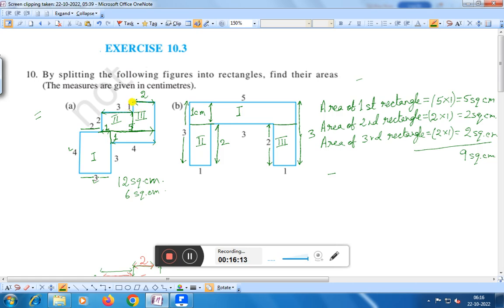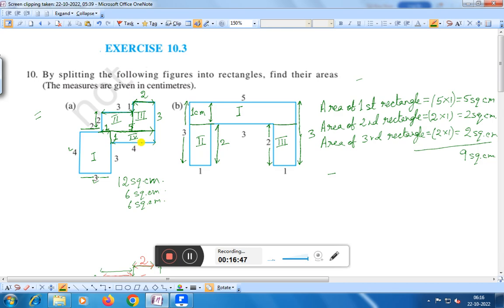What is the length? Length is, you see, from here to here it is 2, and from here to here it is 1, that is 2 plus 1 is 3, length is 3, right? Therefore area of the third rectangle, length is 3 and breadth is 2, 3 twos are 6, 6 square centimeter.